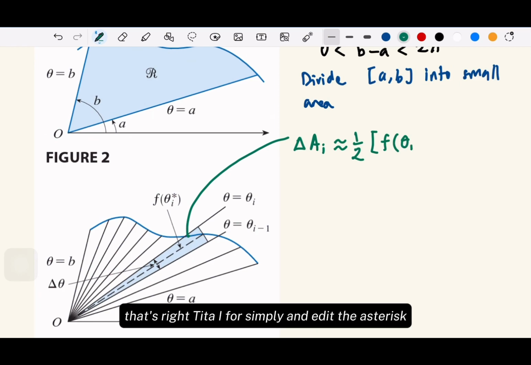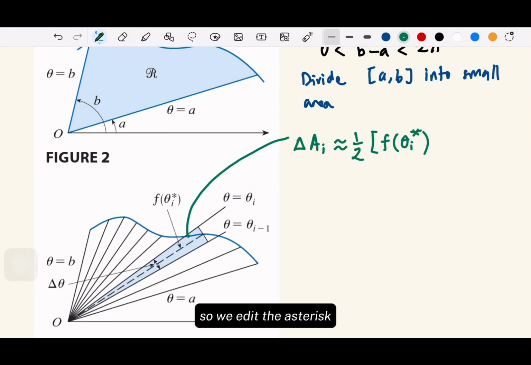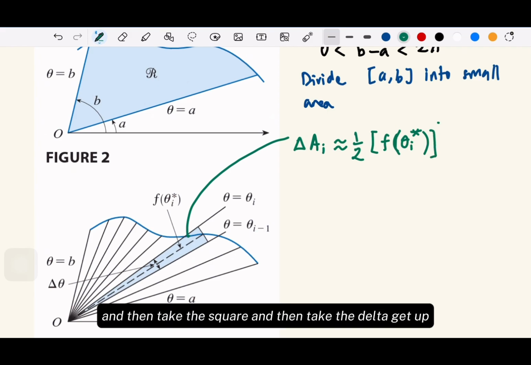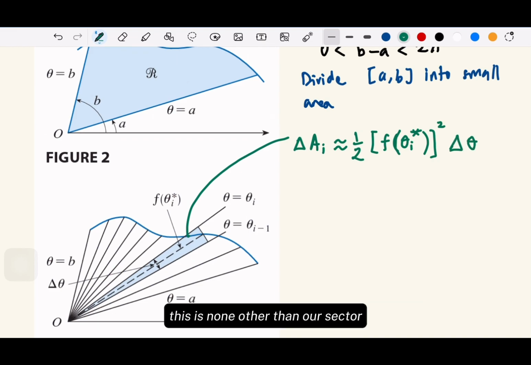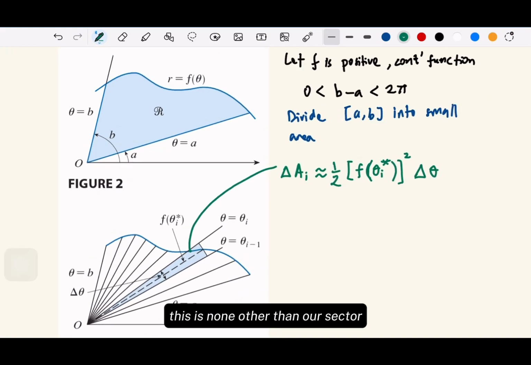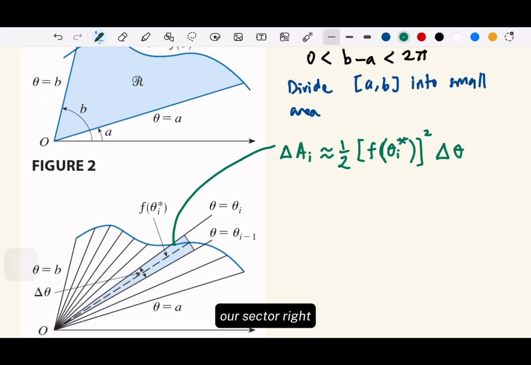Let's write theta i for sampling, and add the asterisk. Usually we add the asterisk. It means that we can do this for every small piece, and then take the square, and then take the delta theta. This is none other than our sector, right?